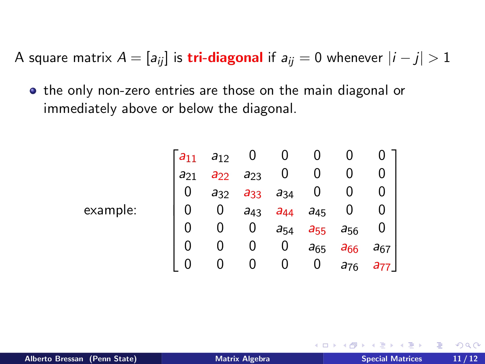Let's look at a matrix, written like this. Along the diagonal line, we know that i equals j. So i minus j is 0 along the diagonal line.